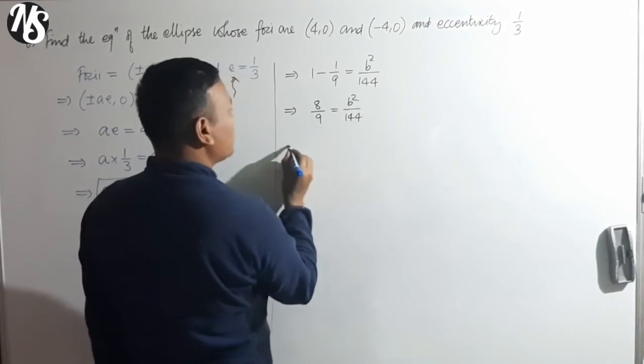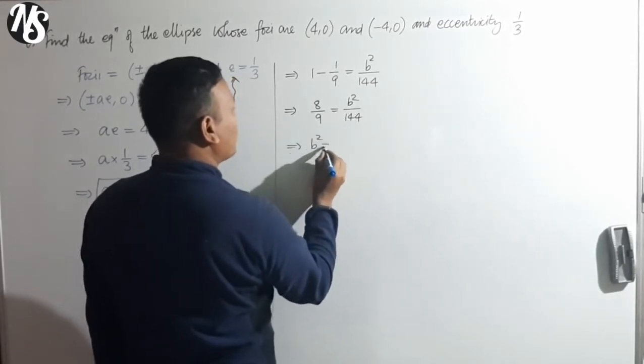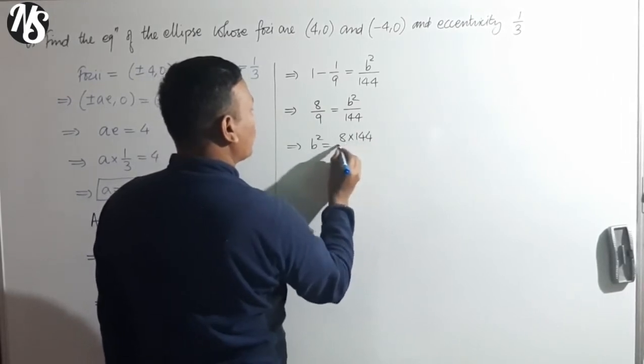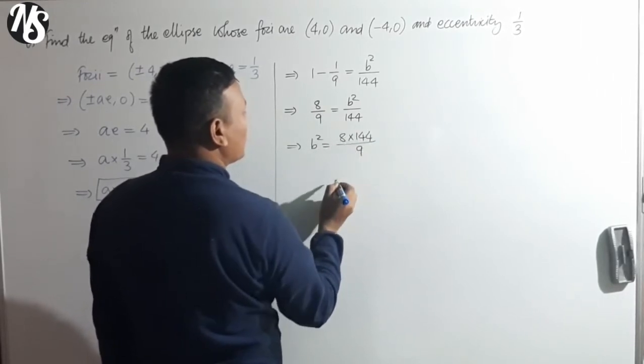Do the cross multiplication and find the value. So we have 8 into 144 by 9.